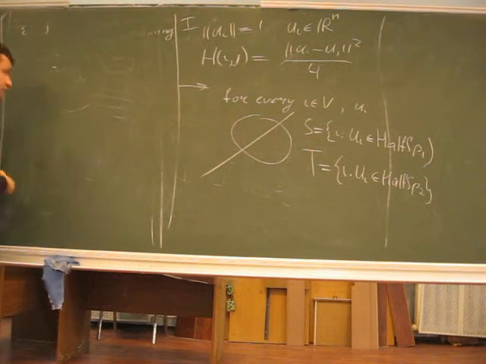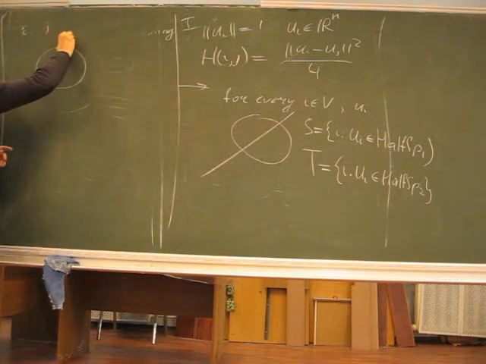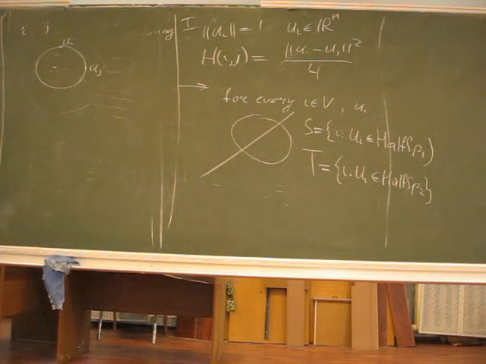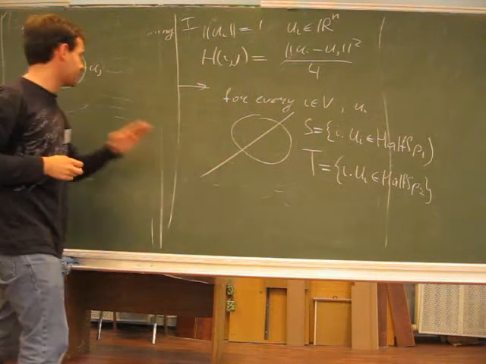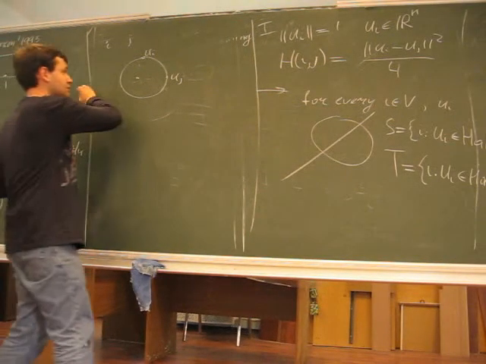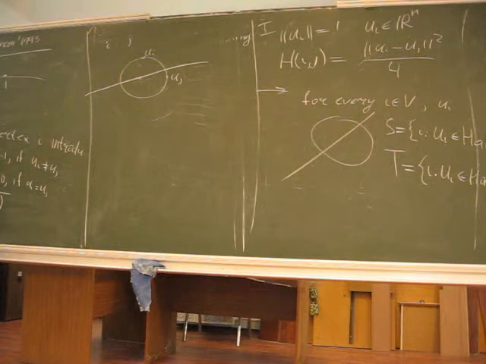Let's consider the plane that passes through ui and vj. The intersection of this random hyperplane with this two-dimensional plane is just a line, and this is a random line.